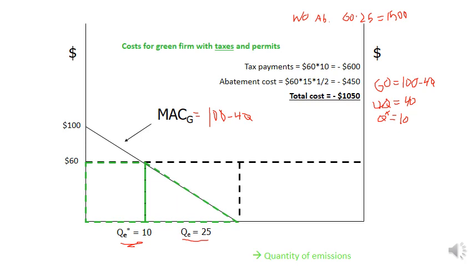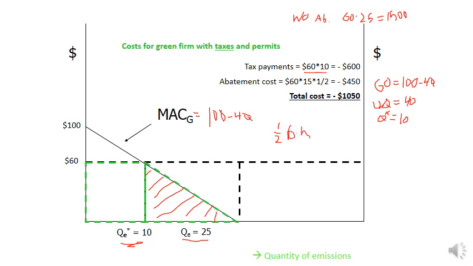How much does that cost? Well, they're being taxed on the 10 units of pollution they're emitting, so $600, and they've got to abate down to that level of pollution. How do we get that? Well, we get it from the geometry of the abatement curve. So this triangle right here is what they're abating. The total abatement cost, 1/2 base times height.